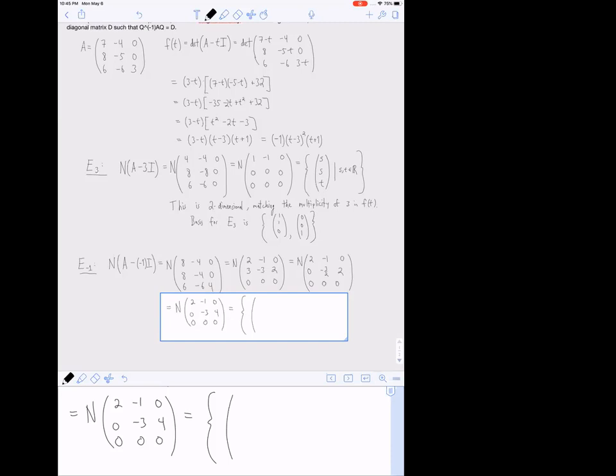So if z were t, then the second row of the matrix would mean that -3y plus 4t has to equal 0. So that should give me 4/3 t as y. And then the top row will be 2x minus 1 times y, which is 4/3 t.